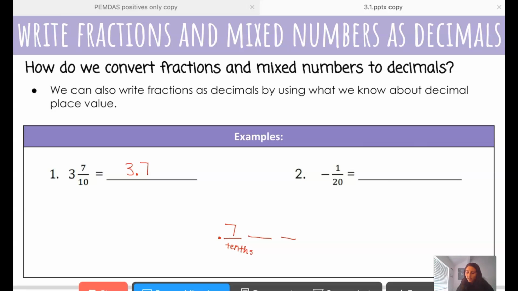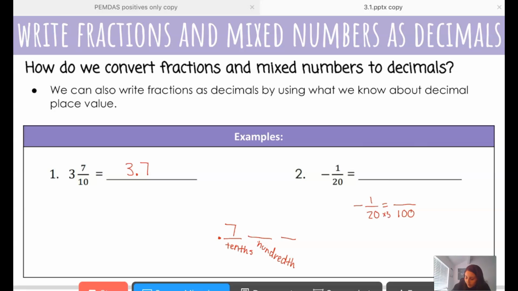Number 2, we have negative 1/20. Well, how can we make the denominator 20 into a decimal friendly number? Well, 20 can go into 100, and hundredths is one of our decimal place values. So 20 goes into 100 5 times.